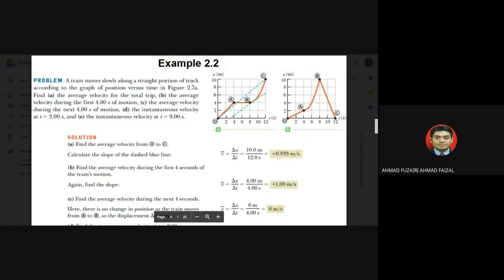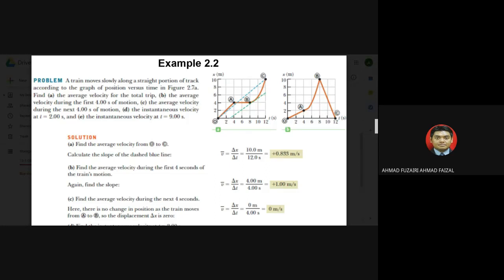Untuk soalan B ya. Okay, untuk soalan C, the average velocity during the next 4 seconds. So nampak antara A dengan B next 4 seconds tidak mempunyai a slope. Kalau kita kira gradient dia 4 tolak 4 mestilah kosong kan, bahagi dengan 8 tolak 4. Bahagi dengan 4. So kosong bahagi dengan 4 masih lagi kosong.